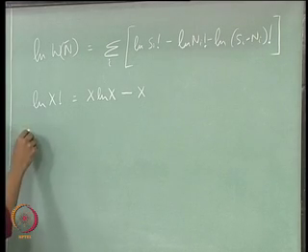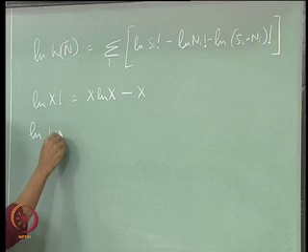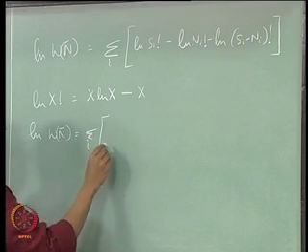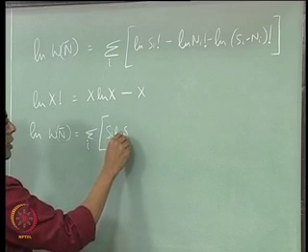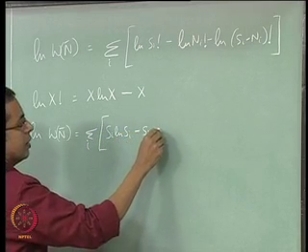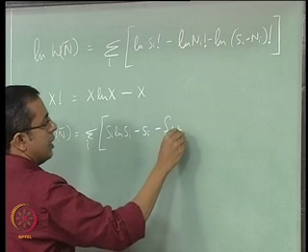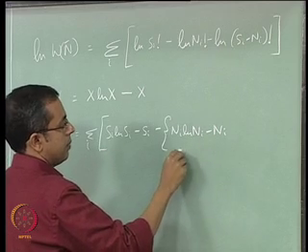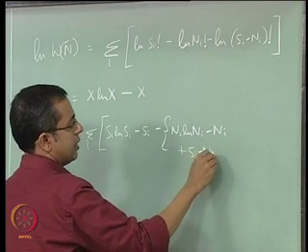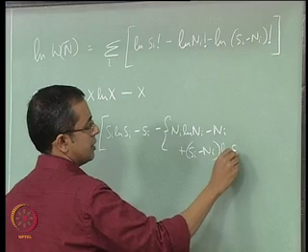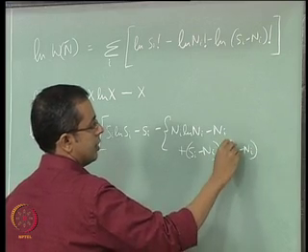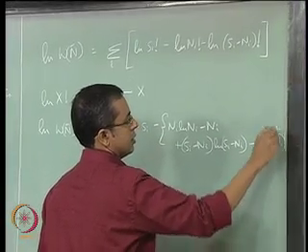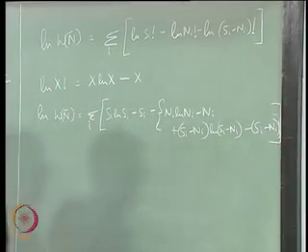We will find that we can write ln W n bar equals sigma over i of Si ln Si minus Si, minus Ni ln Ni minus Ni, plus Si minus Ni ln Si minus Ni, minus Si minus Ni. Okay, so this is what we will get.